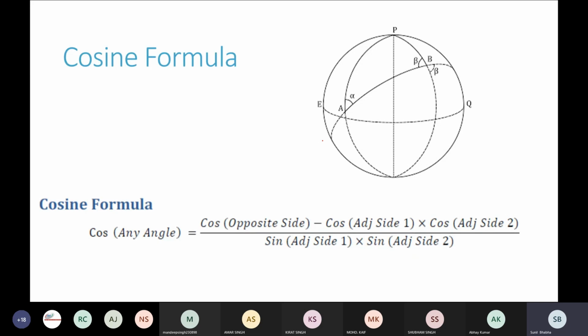The angles are obviously measured in angular units, that is degree, minute, and second. The sides of a spherical triangle are also measured in angular units. बेटा ये चीज आपको समझ में आई? In a spherical triangle, the sides are also measured in units of angle.